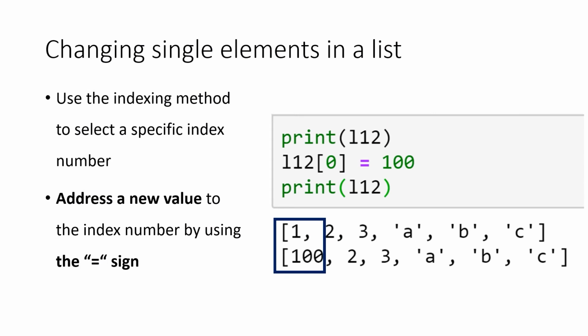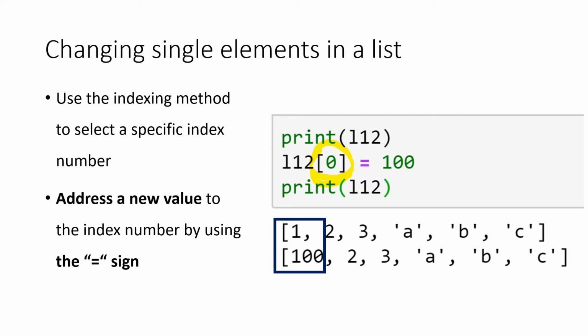So, how can we change elements within a list? To do this, we basically have to access the list directly. We can do this by defining the index number to be accessed on the left hand side of our equal sign.